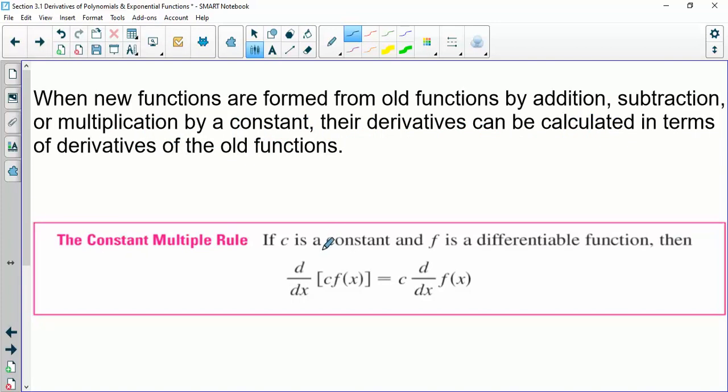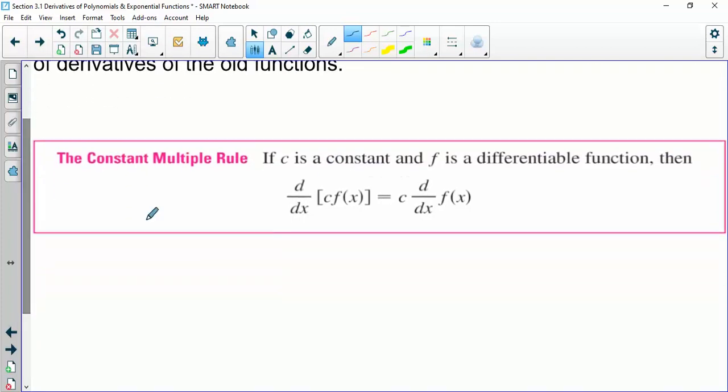The first one is the constant multiple rule. If you have something times a function, then that coefficient is basically just going to trail along. Probably the easiest way to think about it is if I had something like f of x equals 7x to the 12th power, and I wanted to do the derivative.